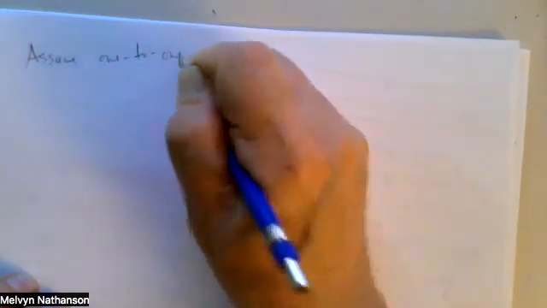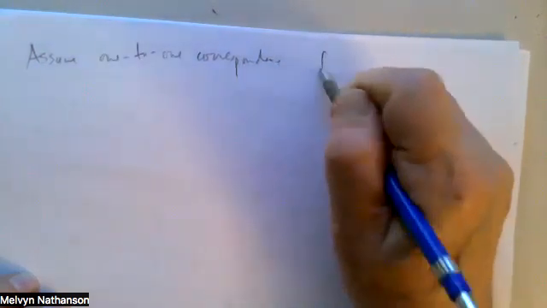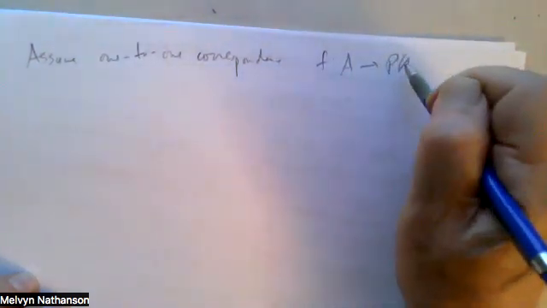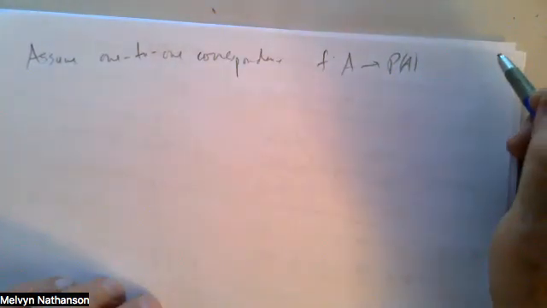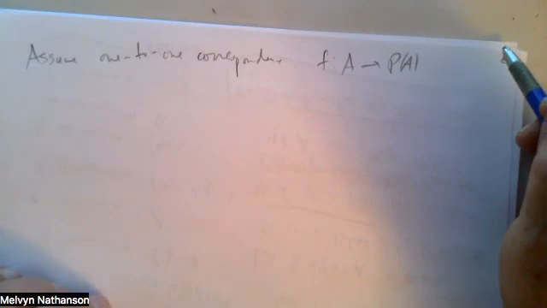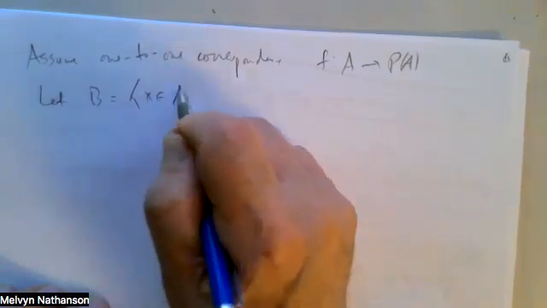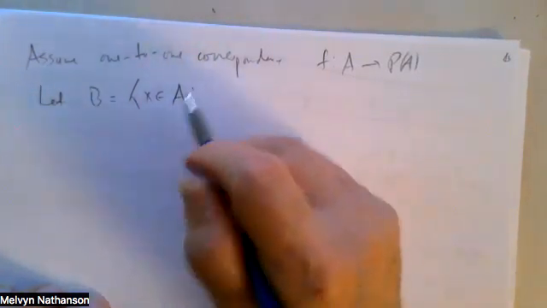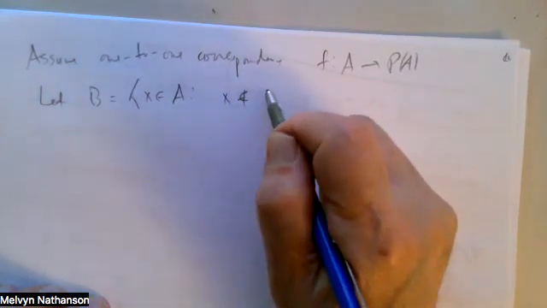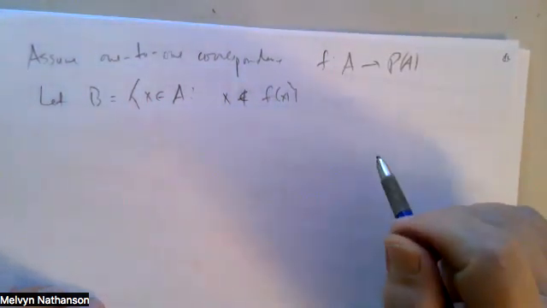So let me just summarize or repeat this because it's so fundamental. Assume there's a one-to-one correspondence f from the set A to the power set of A. Let B be the set of all elements x in A such that x is not in f of x.